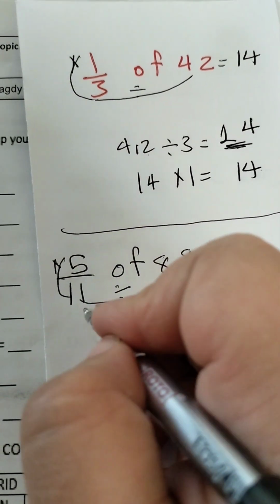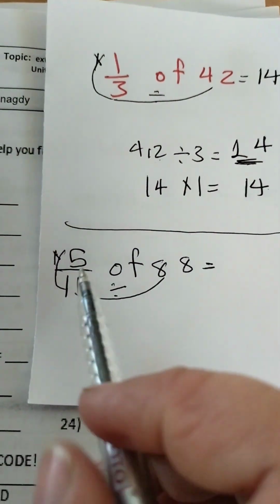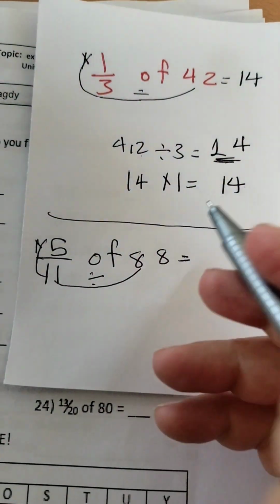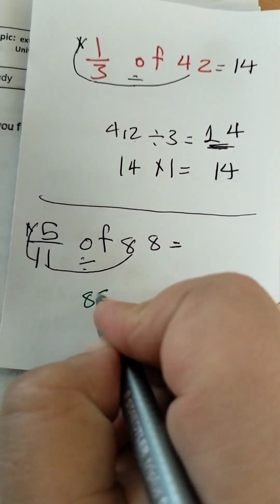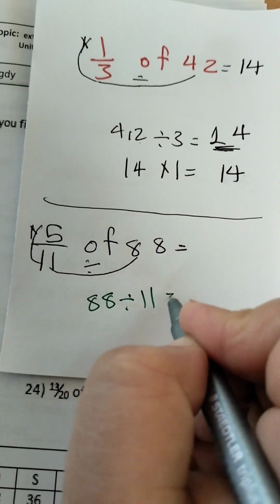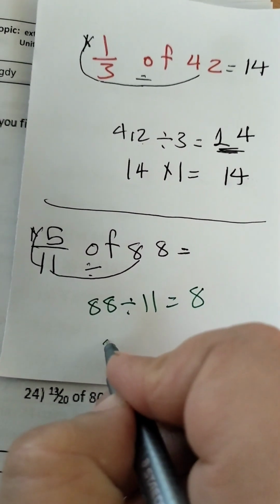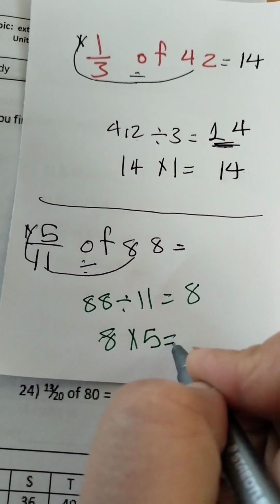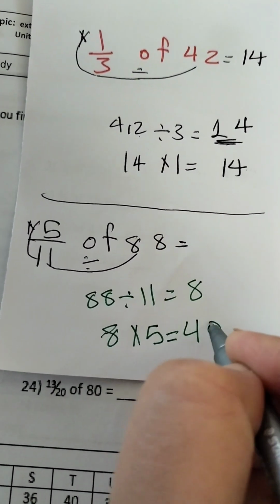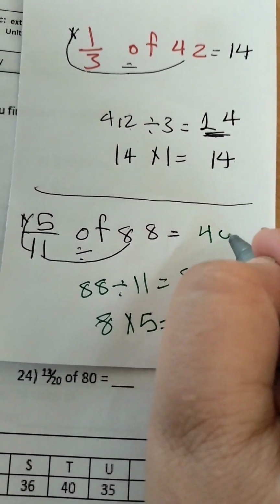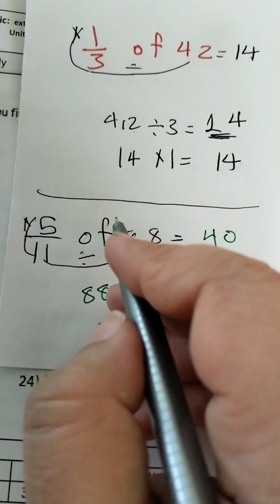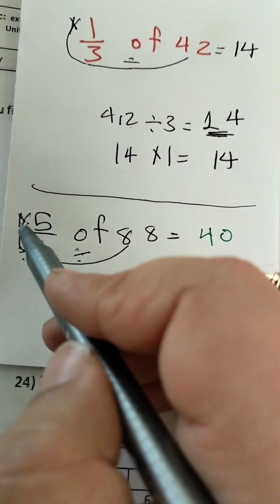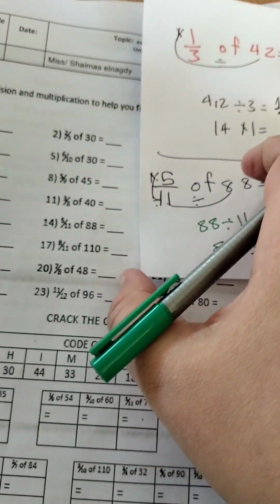If I divide at the bottom, then I will multiply at the top. 88 divided by 11 gives me 8. 8 multiplied by, going up, by 5, will be 40. So the answer here will be 40. Okay, divide, then multiply. Divide by the denominator, multiply by the numerator.